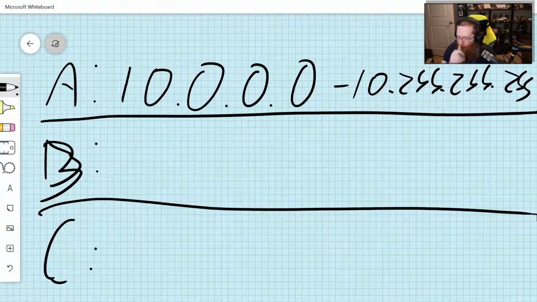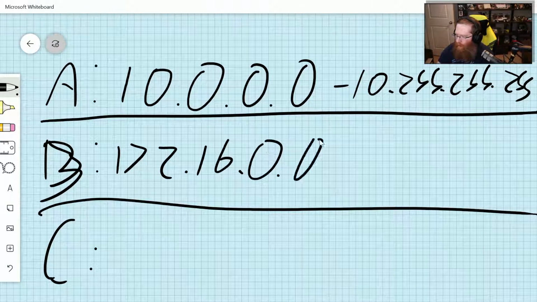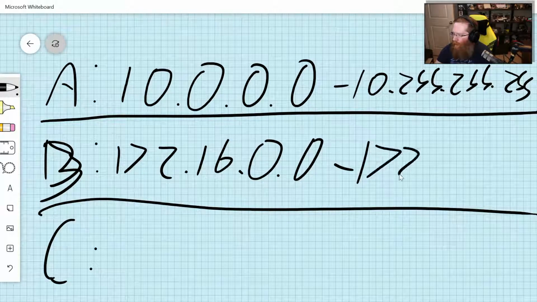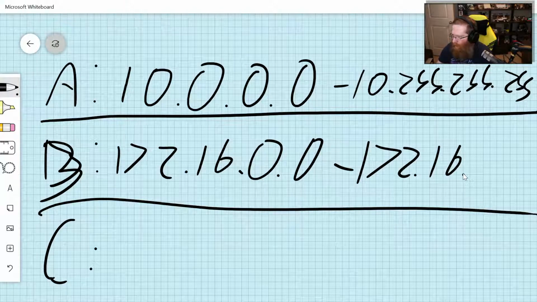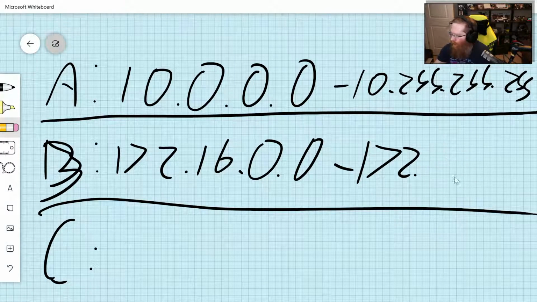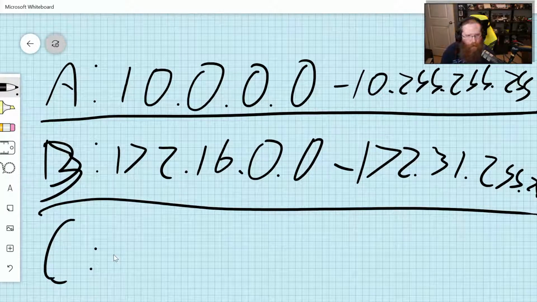For B, 172.16.0.0 through 172.31.255.255. Sorry, that's not 16. And then this one here is pretty straightforward.